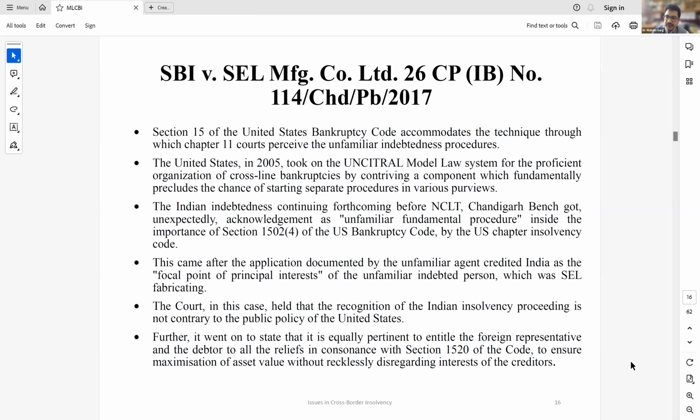The RP went to the US because there were some assets, and the RP wanted the moratorium to be imposed, or the assets to be considered for the benefit of the creditors and the stakeholders. So he moved a Section 15 application, which is the cross-border insolvency chapter in the US Bankruptcy Code.